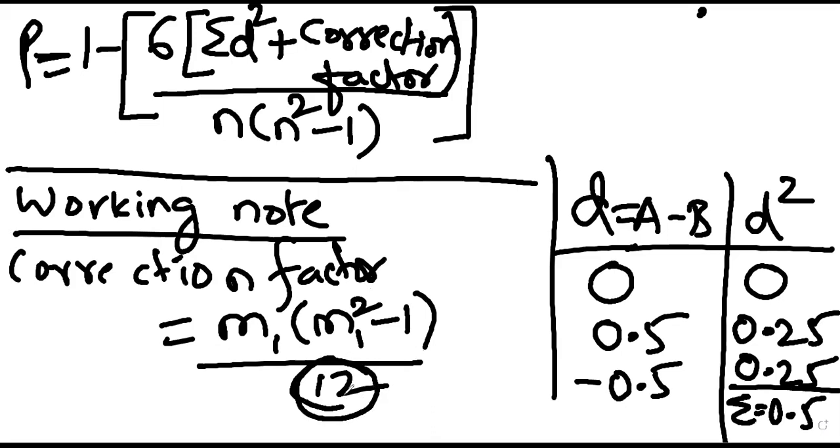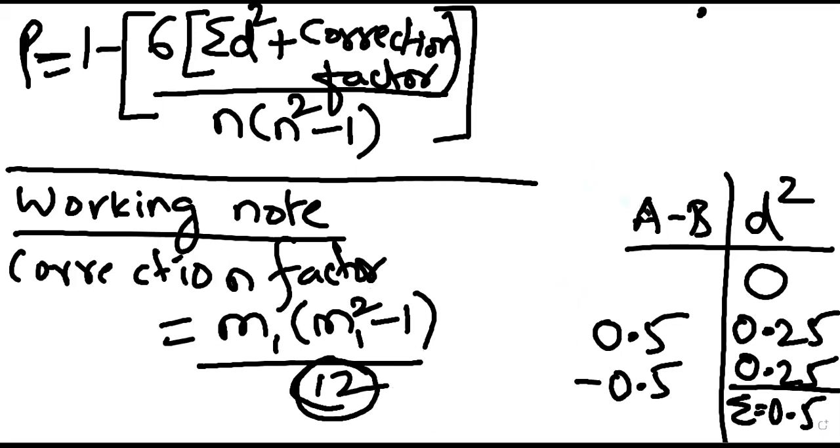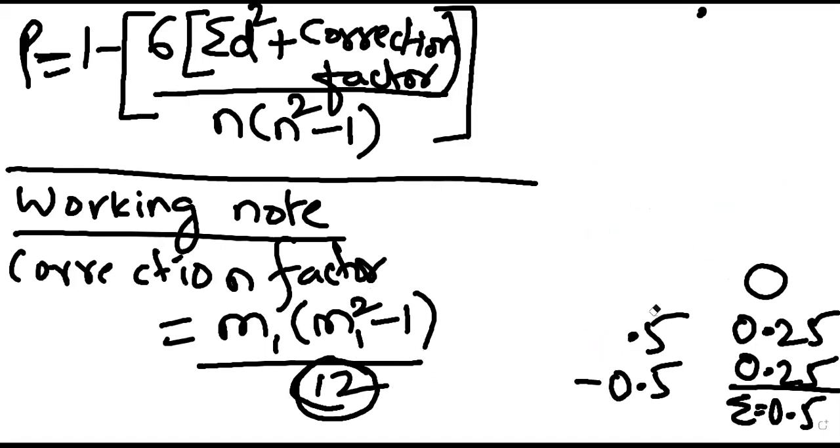Now this is the same for all the problems. It is not that it is 12 for only this problem. It is a constant, and a constant for all the problems.